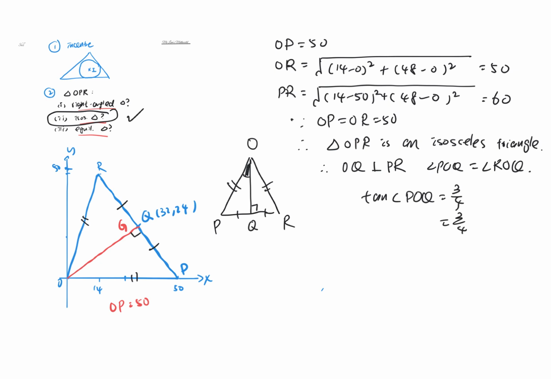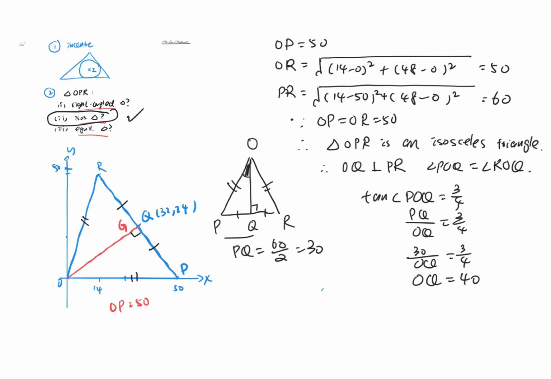And PQ is 30, since PQ equals 60 divided by 2, so we get 30. And then we get OQ: 30 divided by OQ equals 3/4, and OQ equals 40. Remember this one.